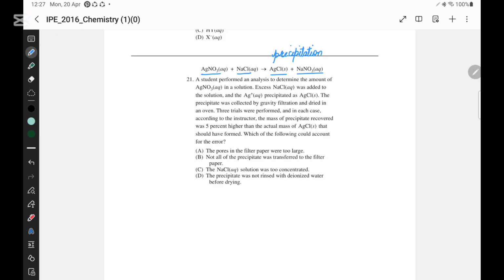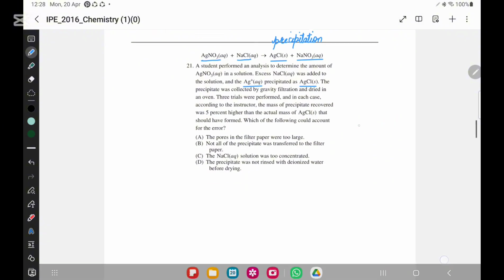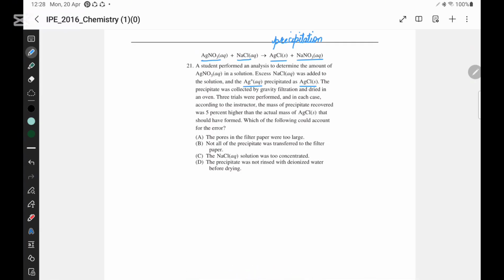Excess NaCl was added to the solution with Ag+ aqueous ions. They precipitate to form AgCl. The precipitate was collected by gravity filtration and dried in an oven. So what happens when these precipitates are formed? They are going to pass through filtration and you are getting AgCl precipitates at the top and you are getting NaNO3 at the bottom.